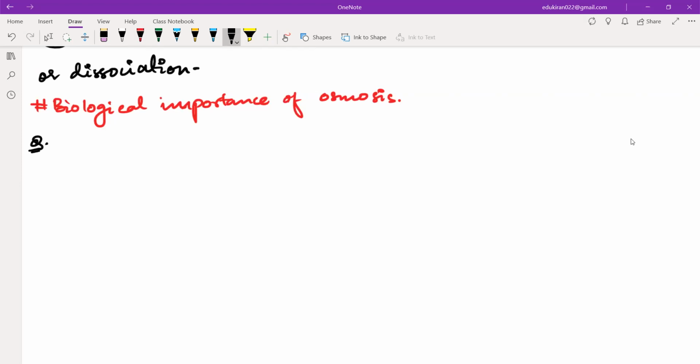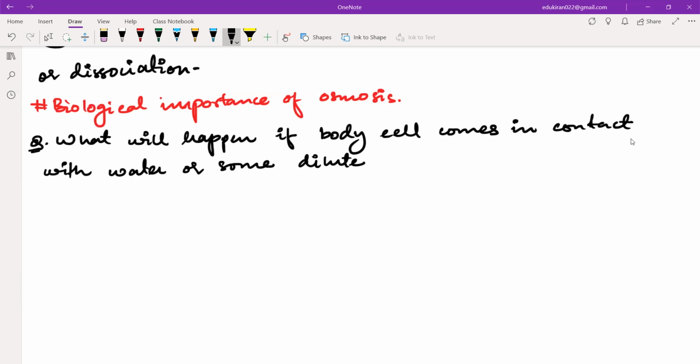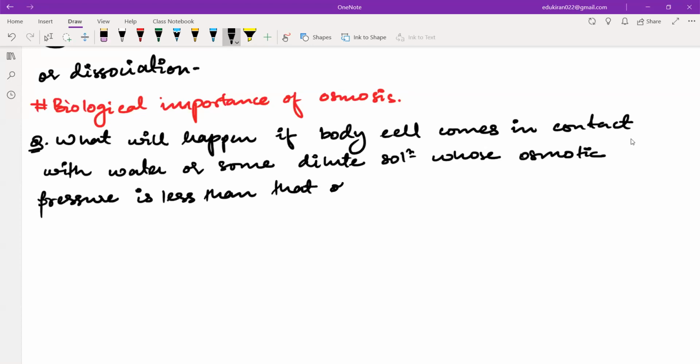First is, let us say, what will happen if a body cell comes in contact with water or some dilute solution whose osmotic pressure is less than that of body cell.